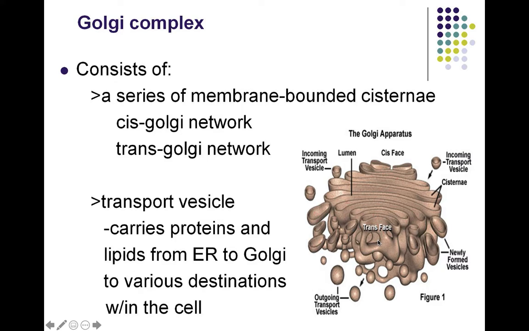Transport vesicles carry proteins, most of the time, and also some biomolecules such as fatty acids and lipids, from the ER network to the Golgi network, and from the Golgi network to different destinations within the cell. A little history about this organelle.